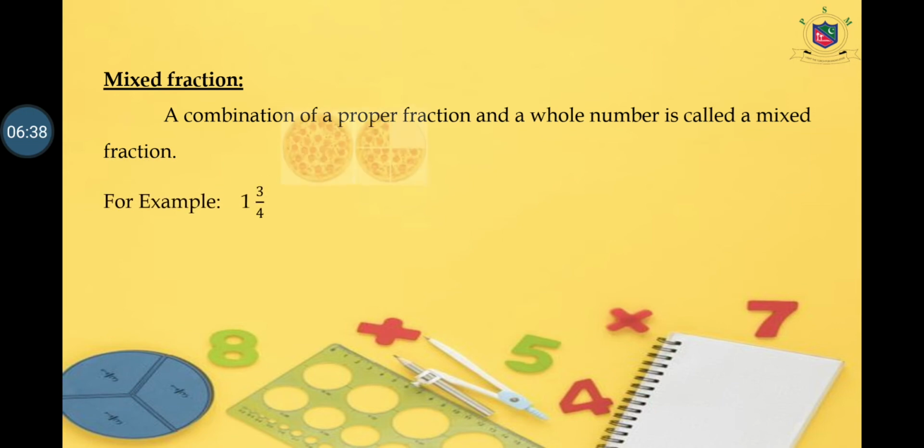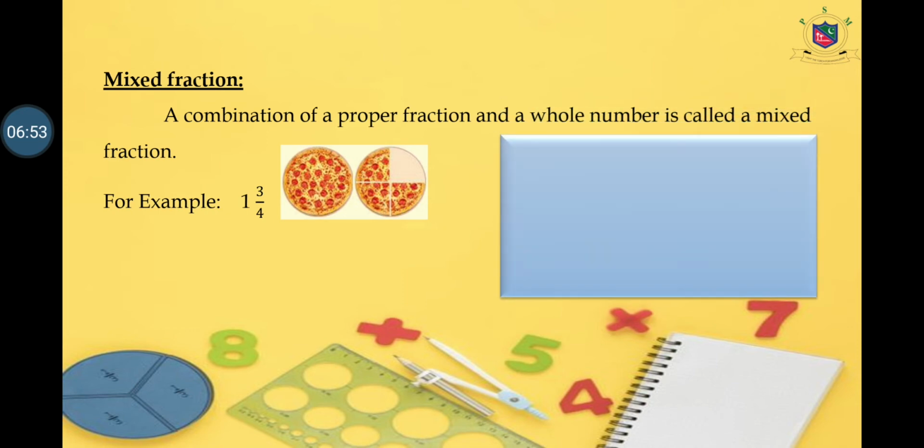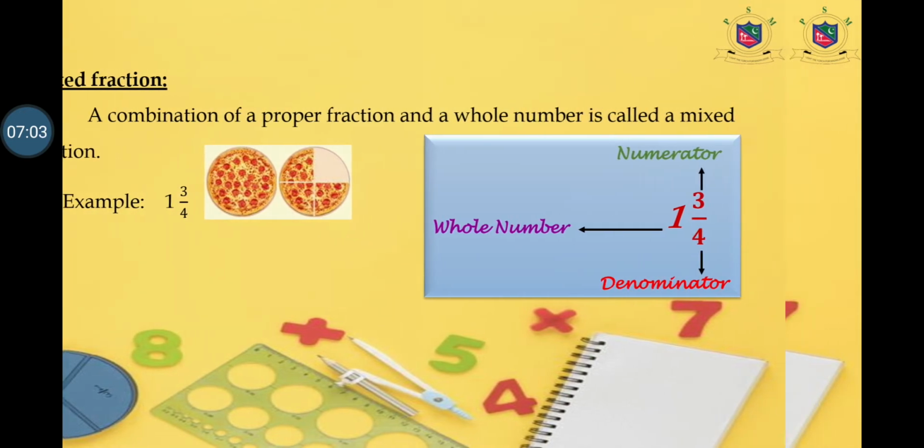That's why we call it a mixed number. You can see the example, we have one whole pizza and another 3/4 part of it. So we can call it a mixed fraction. In this mixed fraction, 1 is the whole number, 3 is the numerator and 4 is the denominator.